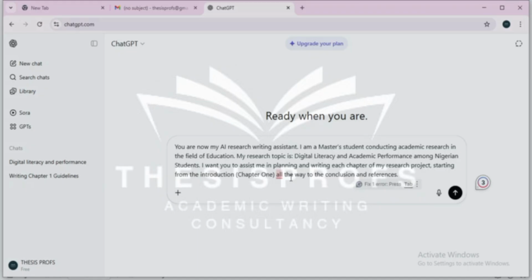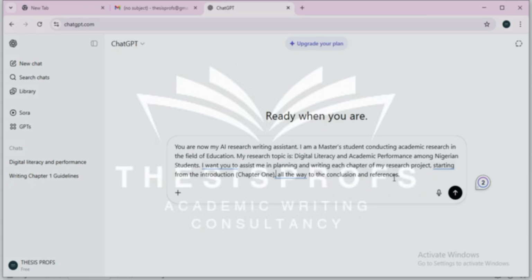I want you to assist me in planning and writing each chapter of my research project, starting from the introduction, chapter 1, all the way to the conclusion and references. Now this is me priming ChatGPT.